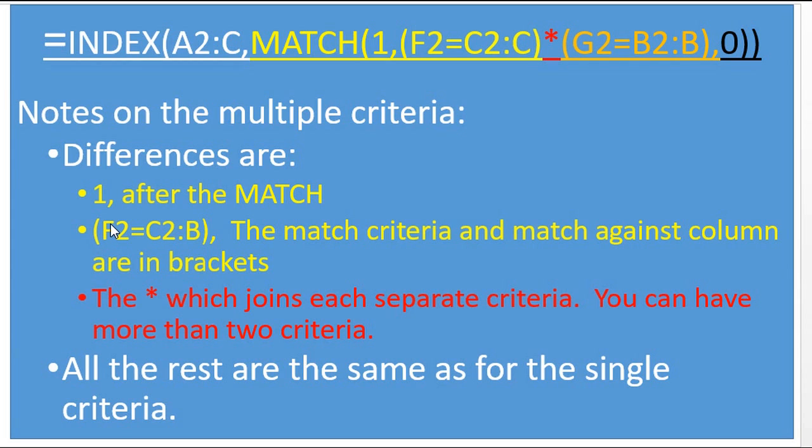The basics are the same, namely the value in the cell must be, as I said, this is a mistake, it must be C in the column C2 to C infinity. The rest of the formula is exactly the same as that for a single criteria.